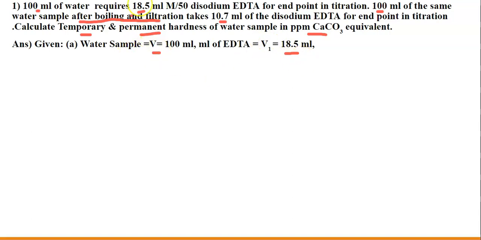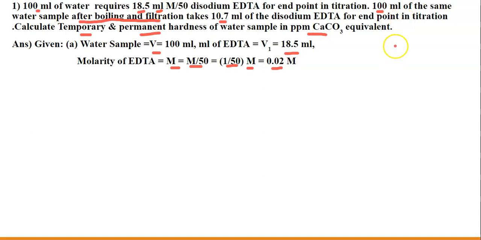Now it is also given 18.5 ml of M by 50 EDTA. M by 50 is actually the concentration of EDTA in molarity, that is capital M. So M by 50 means 1 by 50, which means the concentration of EDTA is 0.02 molar. So these details are given in the first line.